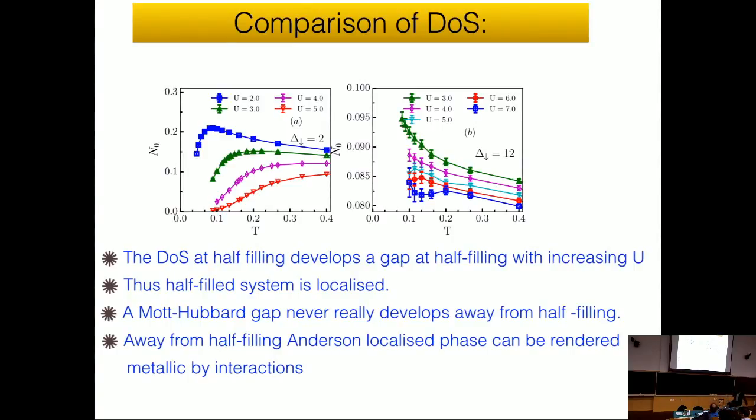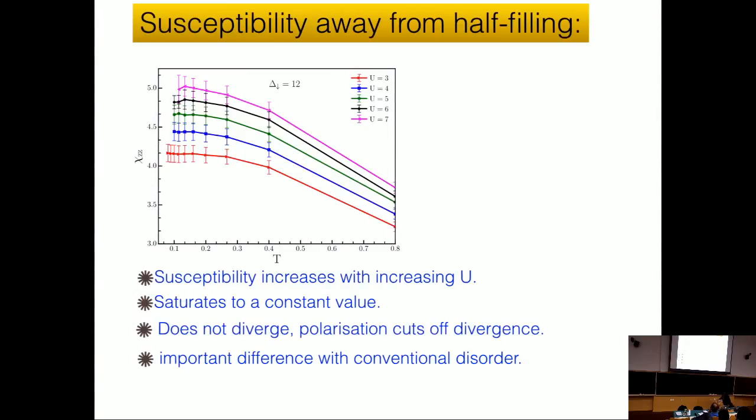Okay. So the important thing, at least that we believe, is the fact that the susceptibility, for example, does not diverge.